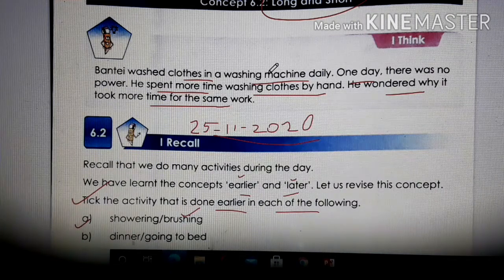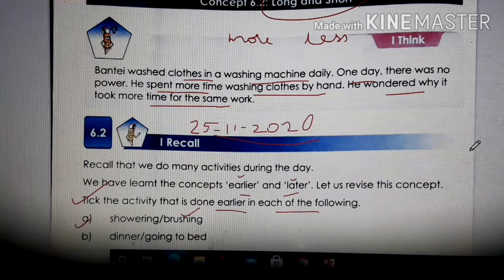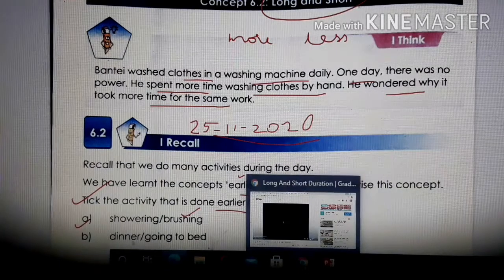When we wash clothes, we do our own work with our hands, so it takes time. Today we'll study which activity takes more time and which activity takes less time. Before starting, I would like to show you a small video.